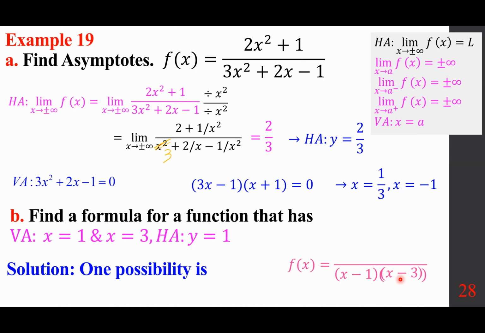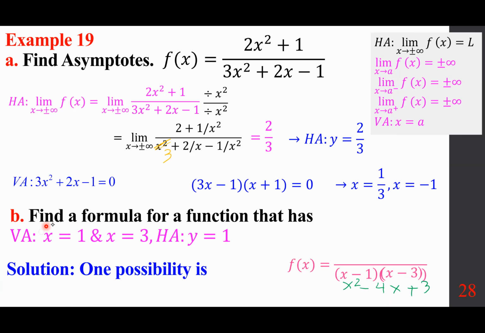And then, for the horizontal asymptote y equals 1, if you look at the denominator, you have x squared minus 4x plus 3.